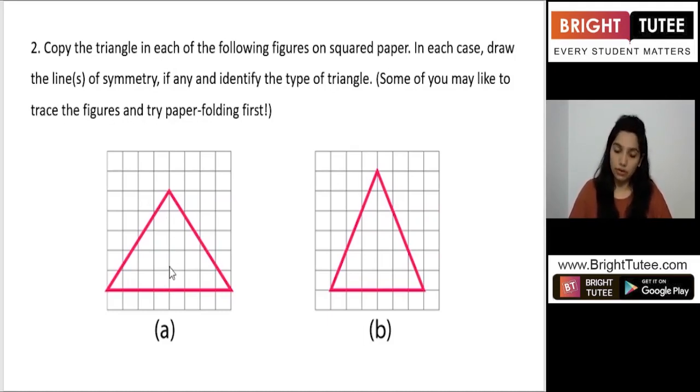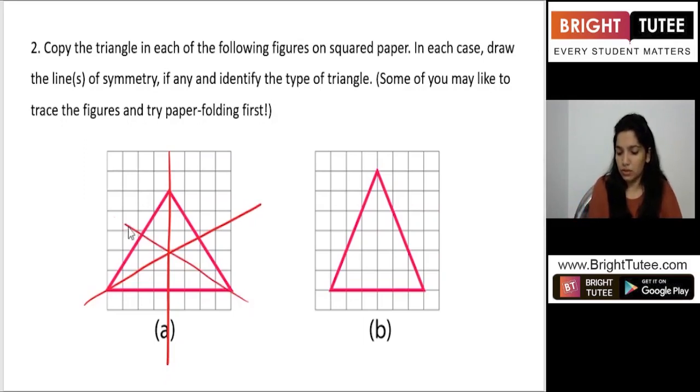So we have learned this already, that an equilateral triangle can be divided into 2 equal halves by 3 different lines of symmetry. So this is 1, 2 and 3.